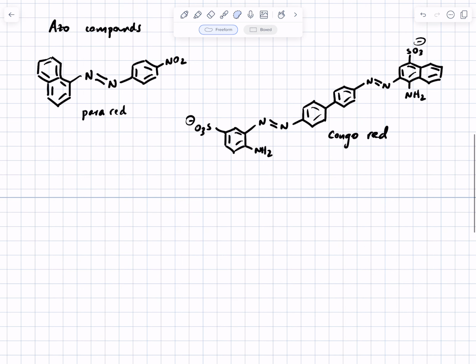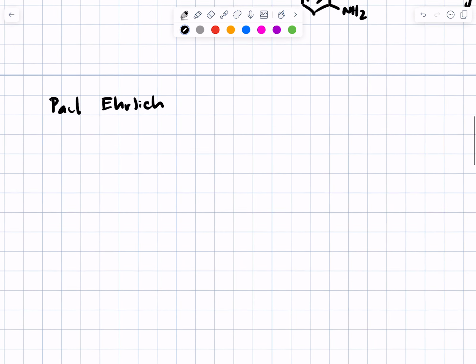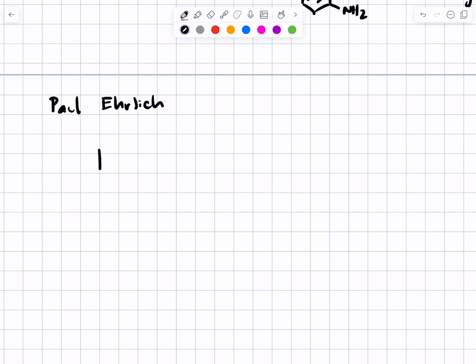And there was a chemist named Paul Ehrlich in Germany who was in various labs studying dye molecules and also studying what we would today call histochemistry, which is labeling cells with dyes.